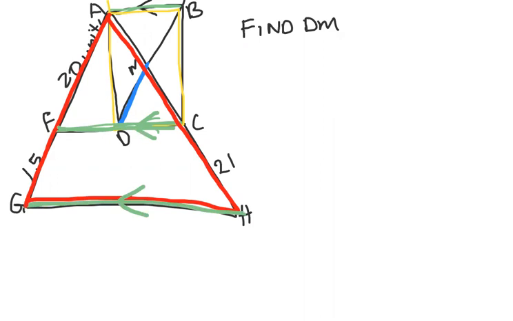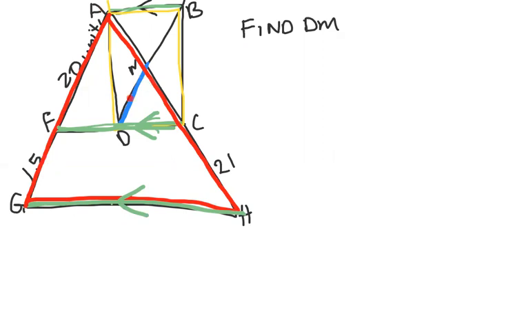Before we even start, we can already see that AF and AC are opposite each other, and GF and HC are opposite each other. Do you understand what I've said? Because these two lines are parallel, they are opposite each other, and AF and the whole AC. AC is from that point to that point.